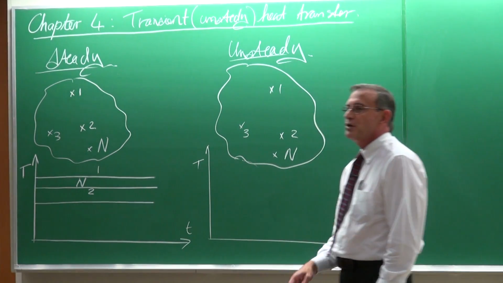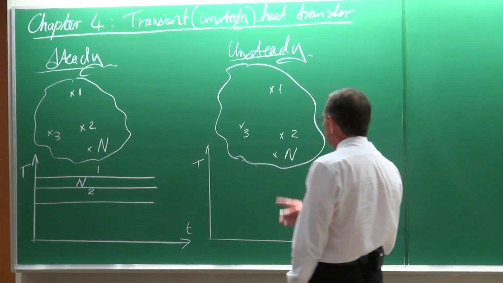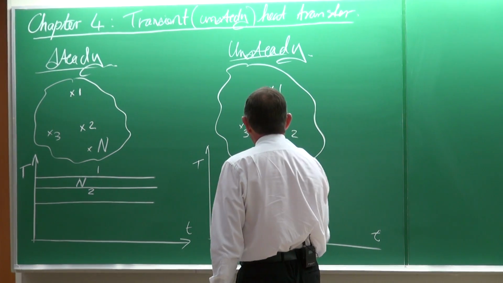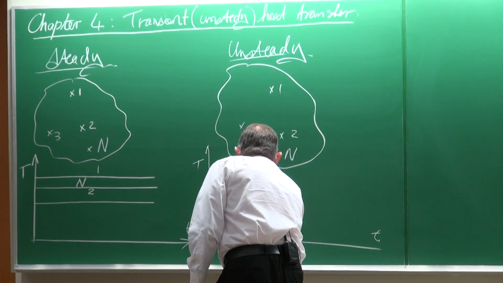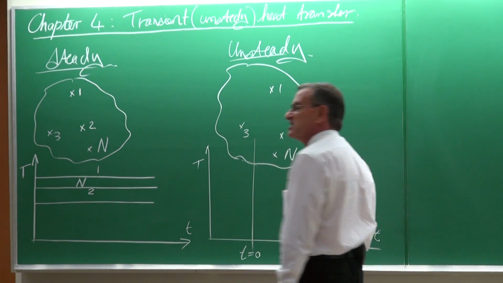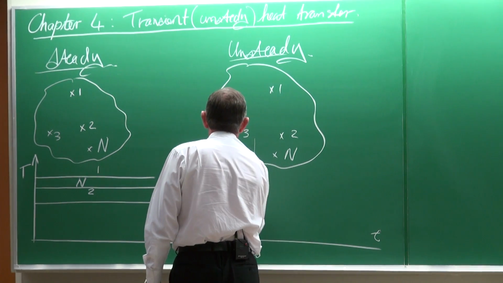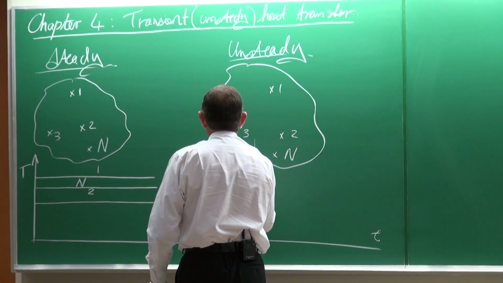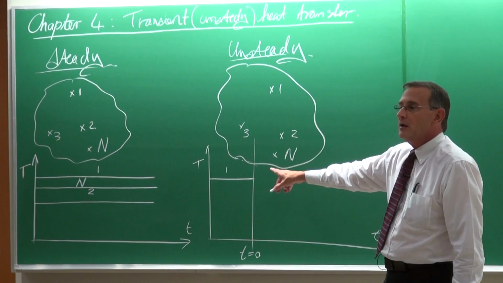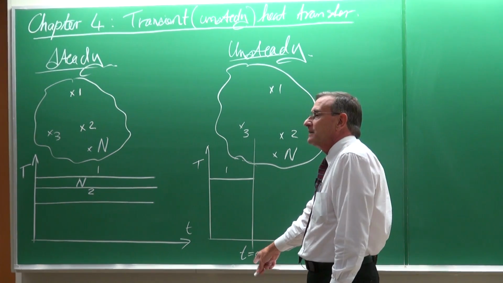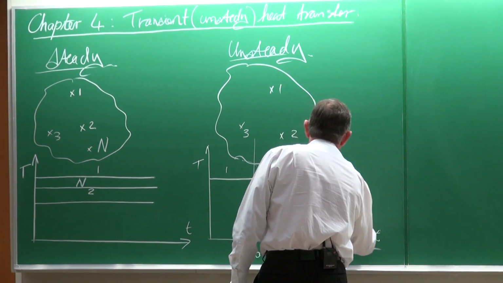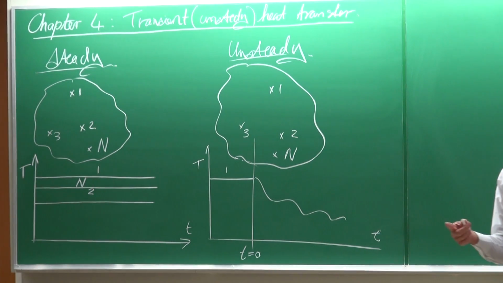So the temperature is a function of time in this case, for unsteady. Let's suppose that is t equals 0. Then unsteady would be maybe this case where the temperature was steady, but at t equals 0, the temperature now becomes a function of time.